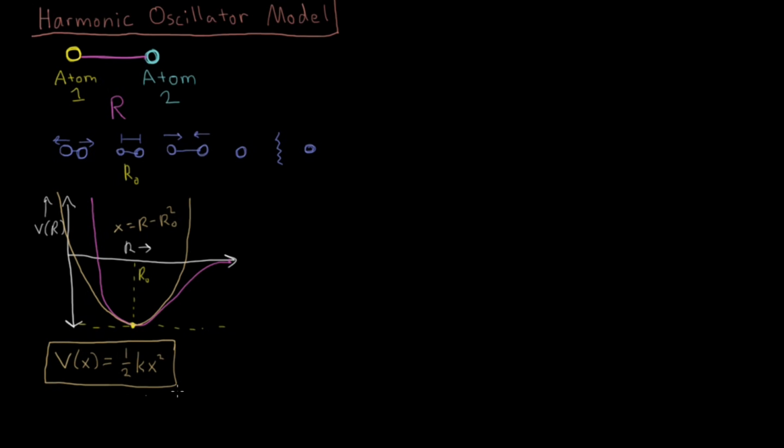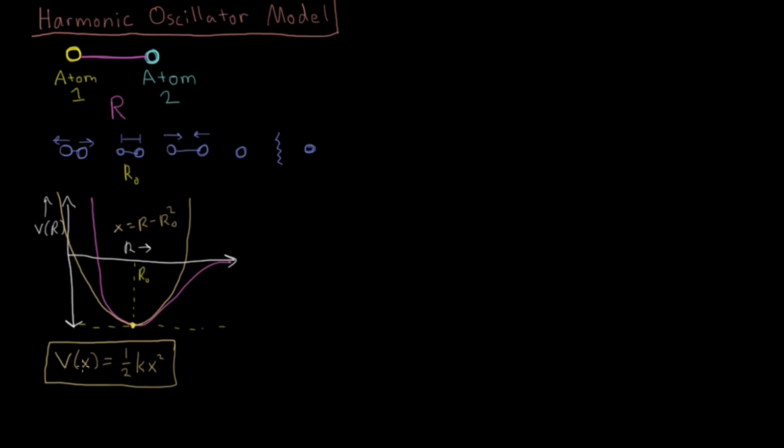So this is the potential energy function that we're going to throw into the Schrödinger equation later, and we're also going to solve Newton's equations for the same potential energy function. And we're going to see where this leads us in terms of what the allowed energies are of a vibrating molecule, of some vibrating mode inside of a molecule, and also what the wave functions will look like, what the classical trajectories would look like, and then how good that ends up being for predicting things like vibrational frequencies in experiment.